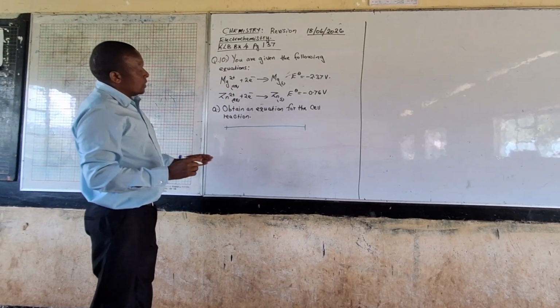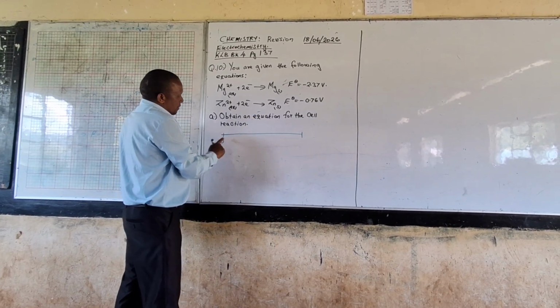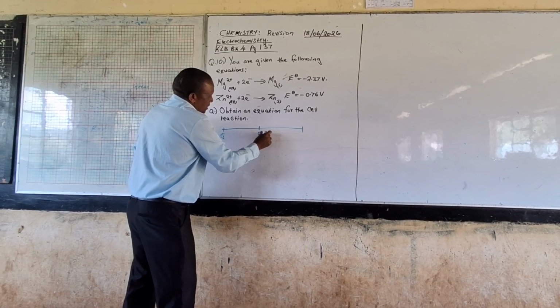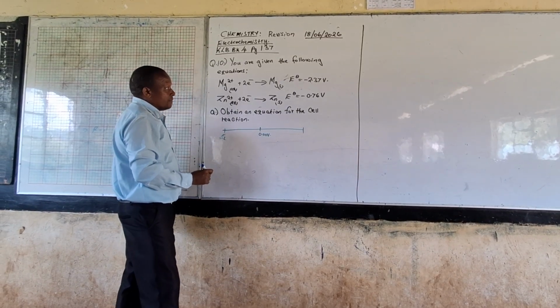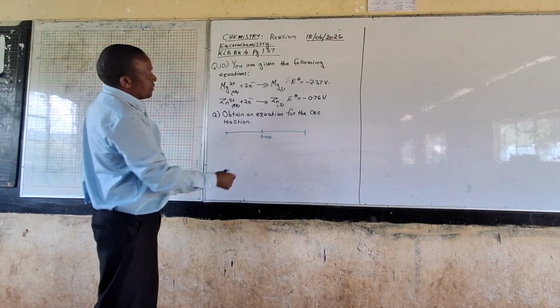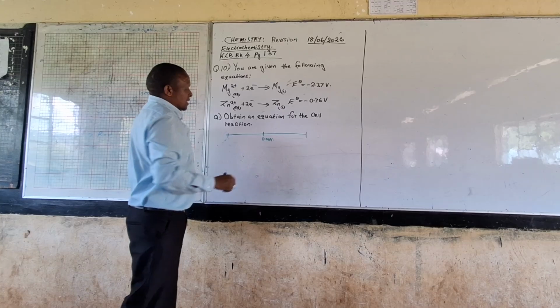Now, if this is 0, let us put the 0 here, 0.00 volts. That's the reference electrode for hydrogen. Then, which one is on the left hand side between negative 2.37 and negative 0.766?